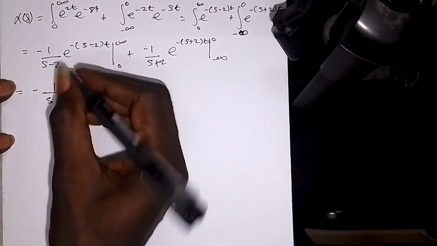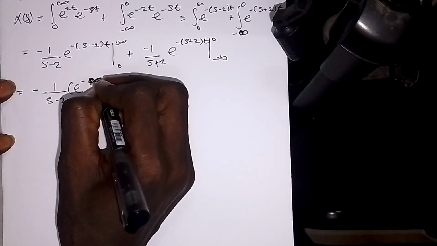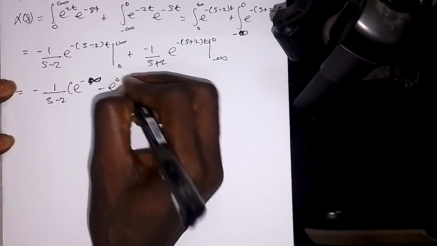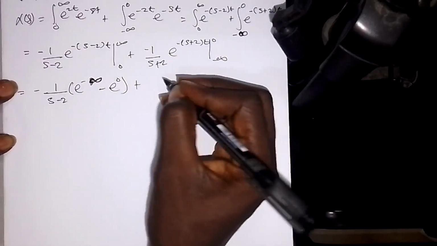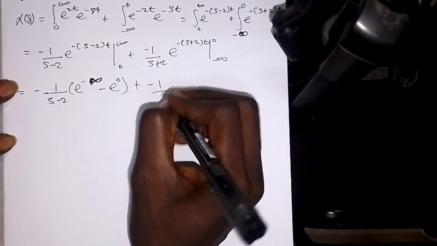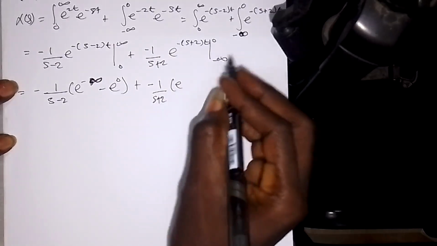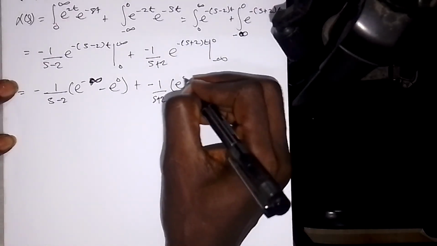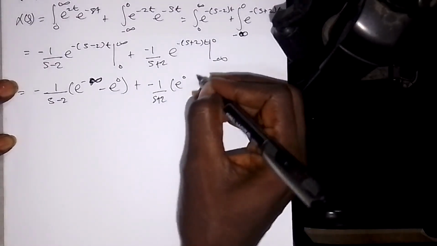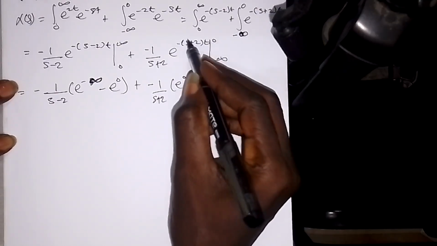So now I'll have minus infinity, minus e exponent 0, plus minus 1 over s plus 2 into e exponent 0, and I'm going to have minus e exponent s plus 2.